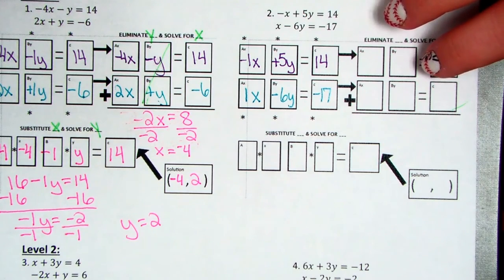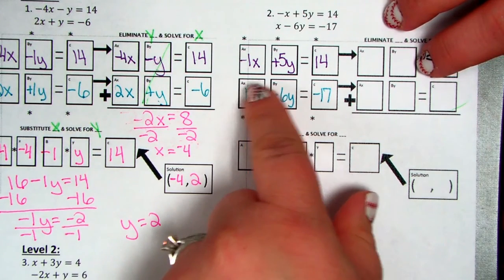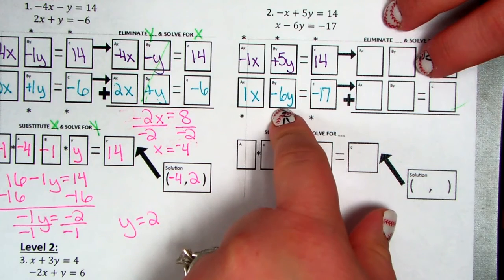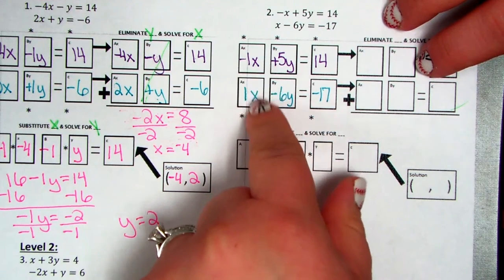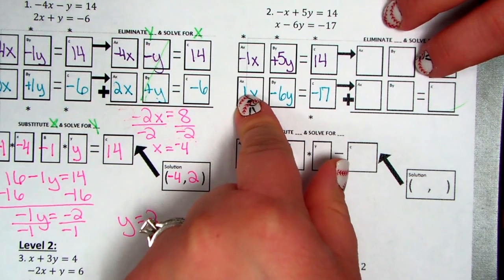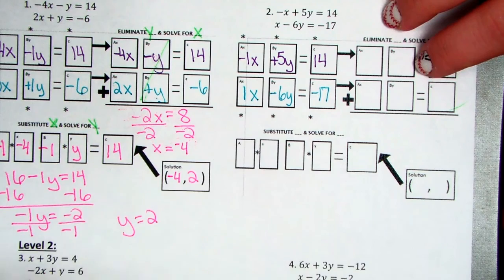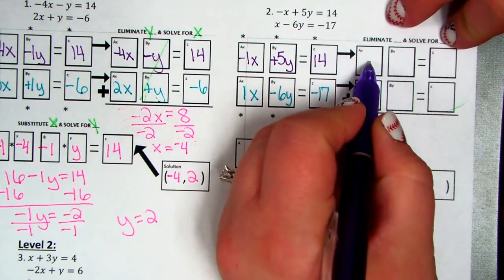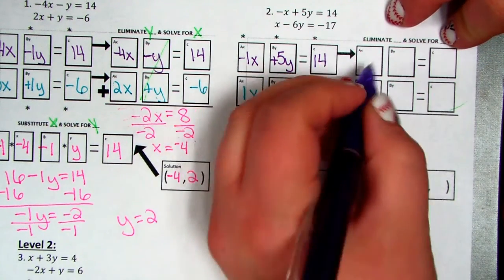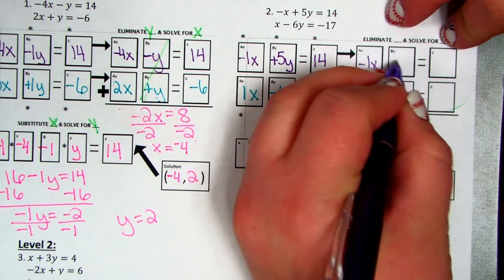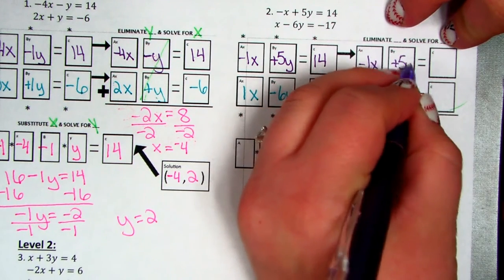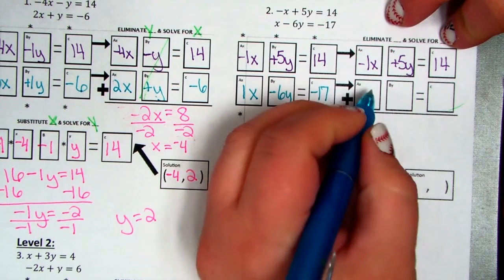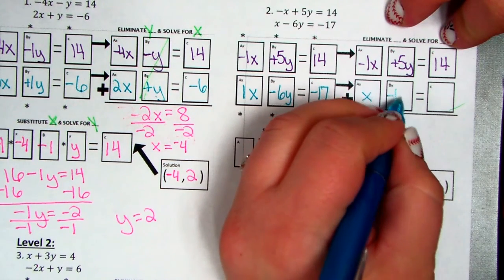And we're looking to see, is there already a variable that has the same number in front but opposite signs? And we have that right here. These two have the same number in front but opposite signs. So I don't need to multiply by anything. I'm just going to recopy my system over here. Negative 1x plus 5y equals 14. And x minus 6y equals negative 17.